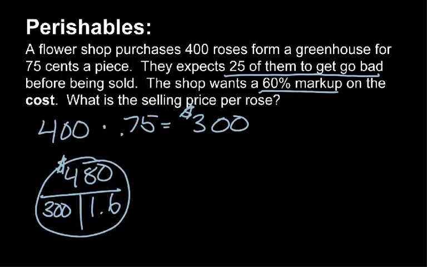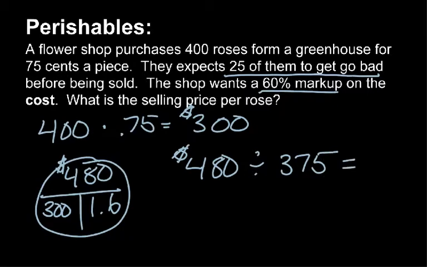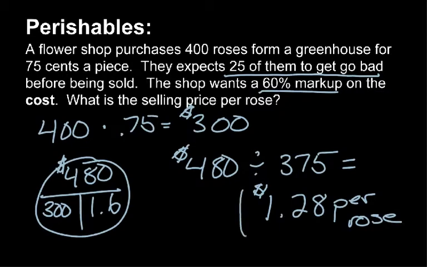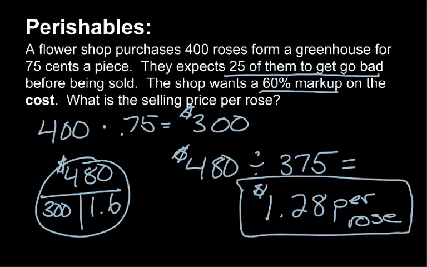So we take that $480 and divide it not by 400 roses, but by 375 roses to figure out the price per rose. When we do that, we end up with $1.28 per rose, and that's counting on 25 roses going bad.